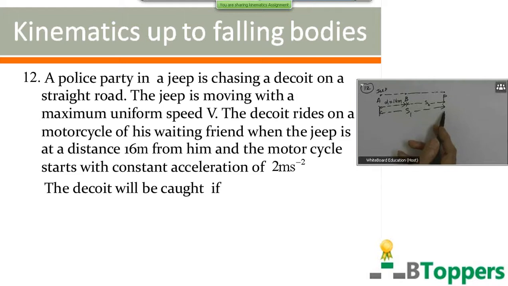S1 is the distance moved by the police in the jeep, and S2 is the distance moved by the dacoit in the motorcycle before the dacoit is caught by the police at the point P. So the dacoit is caught at the point P when S1 is equal to S2 plus D. Because the jeep is moving with uniform speed, we can write S1 equal to V into T. The dacoit in the motorcycle is moving with a constant acceleration A, starting from rest, so the distance moved by the dacoit in time T can be written as half A T square.